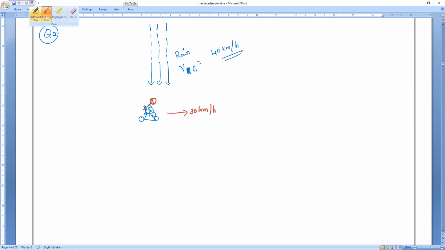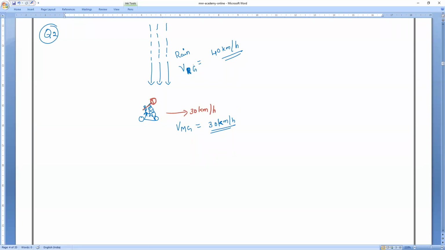So the velocity of a person or man with respect to ground is equal to how much, guys? 30 kilometers per hour. Is it okay, guys? Please respond.